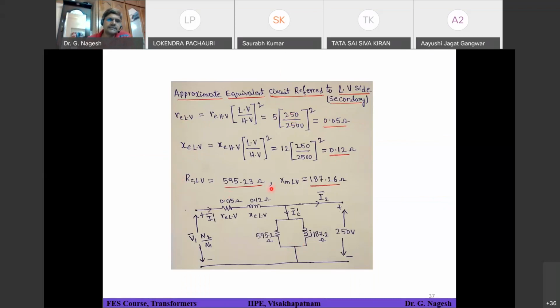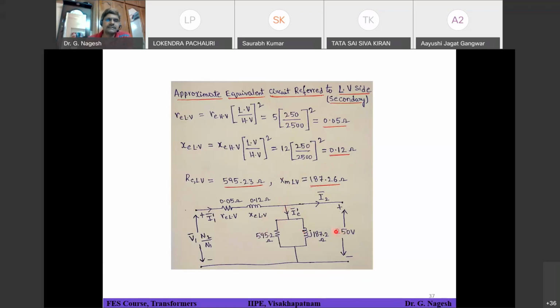Okay, so RC and XM remain as it is, because they are already coming from the LV winding test data, so they are not going to be altered, but these are going to be changed based on the turns ratio.